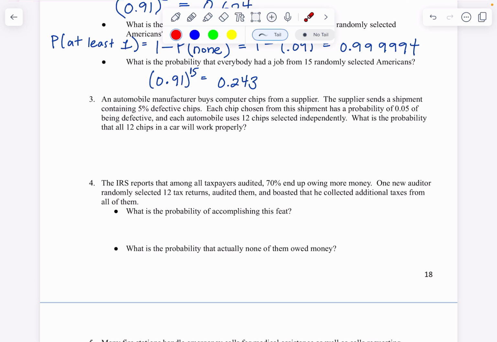Okay, so if my probability of being defective is 5%, that means there is a 95% chance that the chips do work perfectly. And I need all 12 of them to be working perfectly. So this should be 0.54.